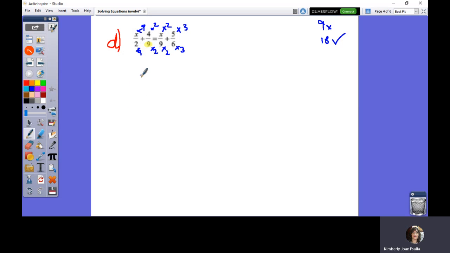So x times 9 gives us 9x all over 18 plus 4 times 2 gives us 8 all over 18 is equal to x times 2. We have 2x all over 9 times 2 gives us 18 plus 5 times 3 gives us 15 all over 18.